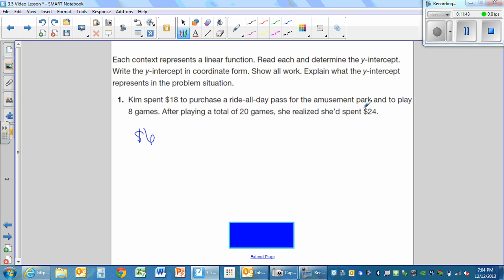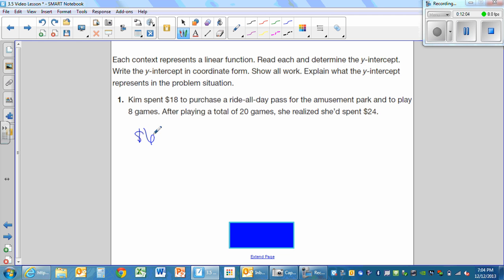Because I'm taking the $24 that she spent total, and I'm going to subtract off the 18 that was for the all-day pass and the 8 games. That also means I need to take the 20 games that she played and subtract off the ones that she's already paid for, because she paid with these in the $18 pass deal.